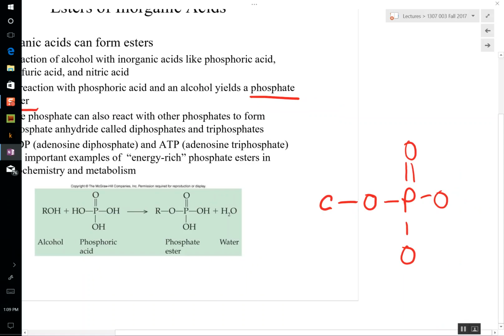It is phosphoric acid, and you'll get a negative charge here. So a phosphate ester usually has about a -2 charge on it in the pH of the bloodstream, or the normal pH of the body. That's a phosphate ester.